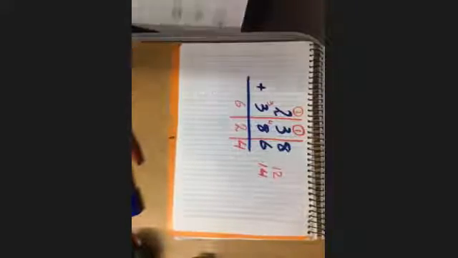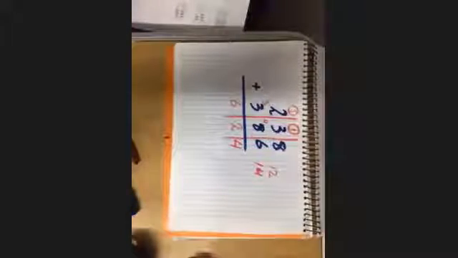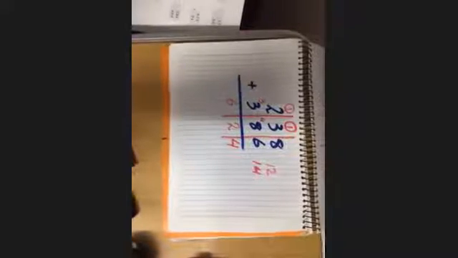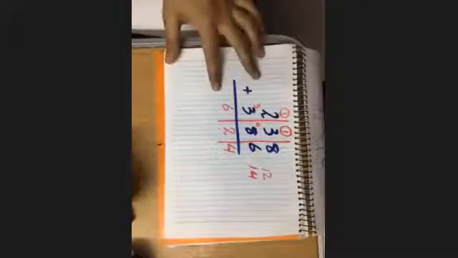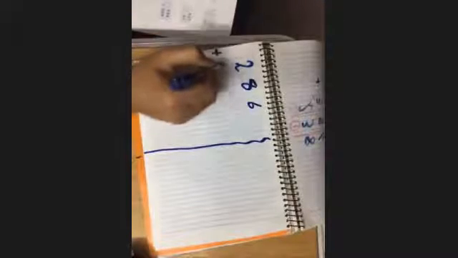Okay, I will choose another one. Maybe it's a girl. I see Tia. We have Tia here, so maybe Tia can solve this one. 286 plus 447.